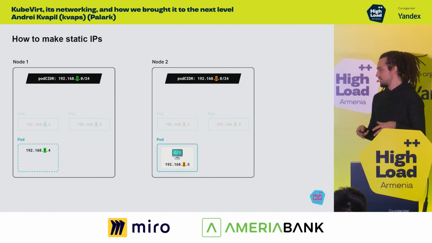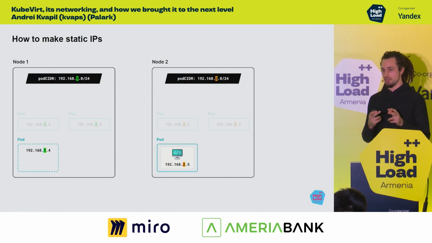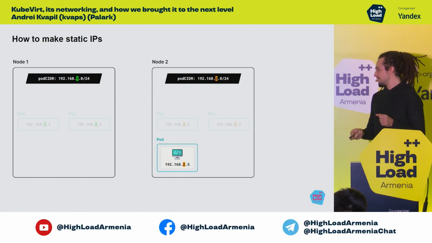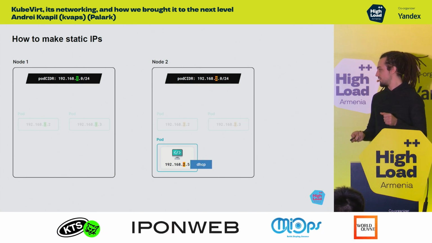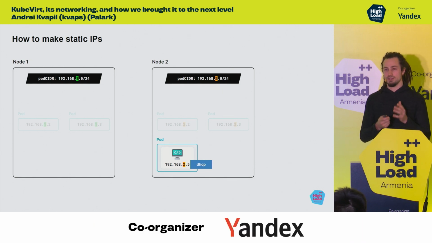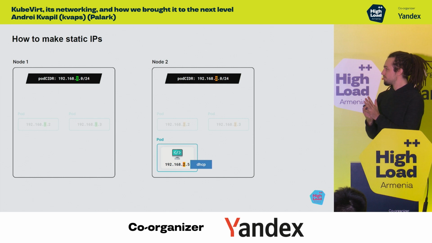And sometimes it is also important to notify that the MAC address has changed. So after the live migration, the virtual machine does a reattach and a new DHCP request for the IP address. That works nicely, but we want something more smooth.